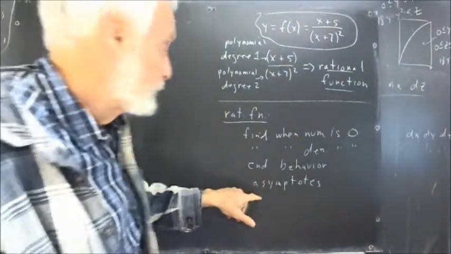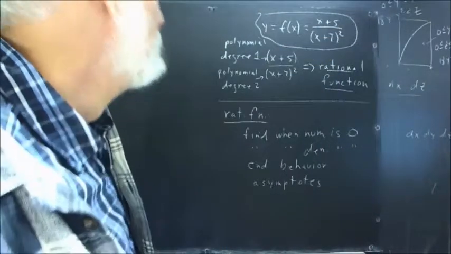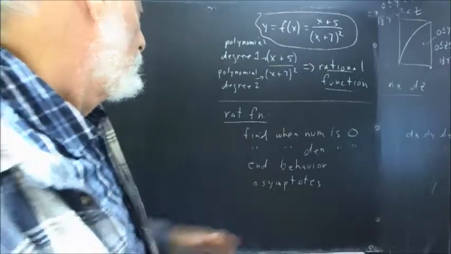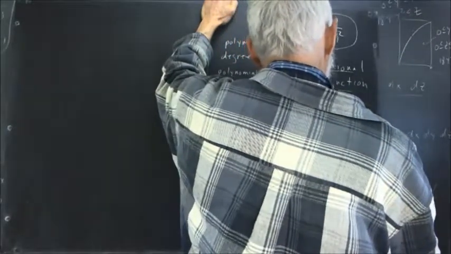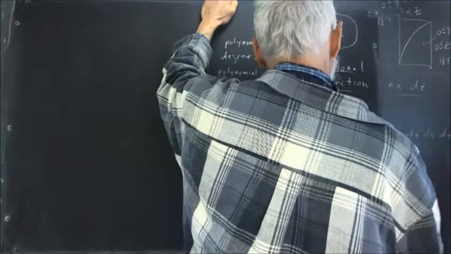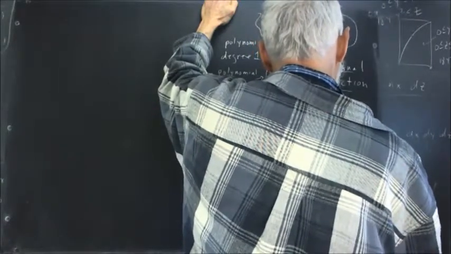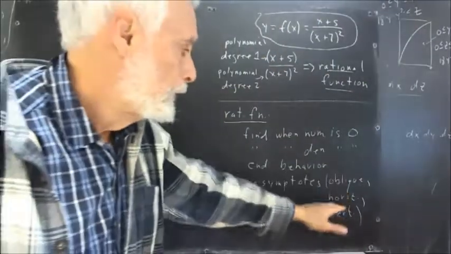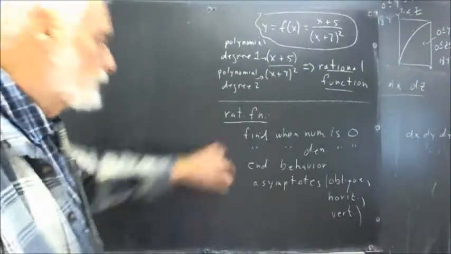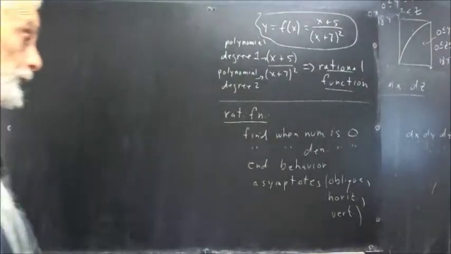You're going to have a vertical asymptote when the denominator is 0, but we could also have oblique asymptotes and horizontal asymptotes. So the possible asymptotes could be oblique, horizontal, or vertical.